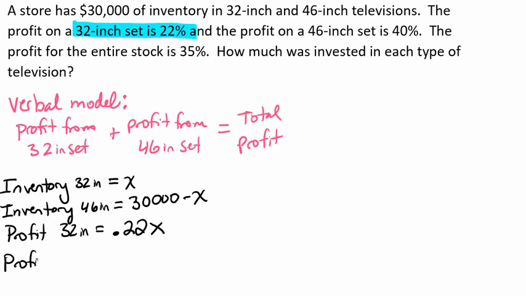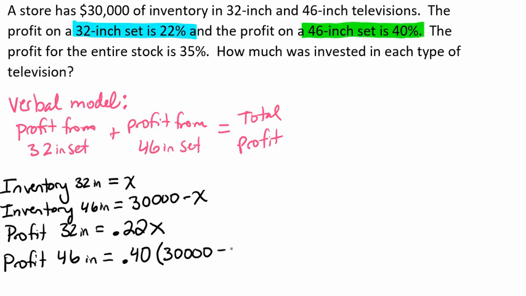Now our profit from the 46-inch sets is 40%. And so we're going to put in 0.40, writing our percent as a decimal. And then the inventory is 30,000 minus x. So that's how many sets we have there.